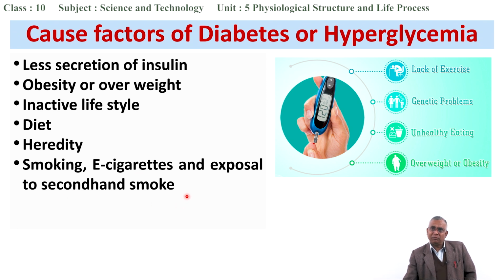And exposure to second-hand smoke. What is first-hand smoke? Those people who smoke are using first-hand smoke. And the person who is sitting on the side and inhaling their smoke, that is second-hand smoke. So if you are not smoking and you are passing more time with a person who smokes nearby you, you also get the harmful effect.